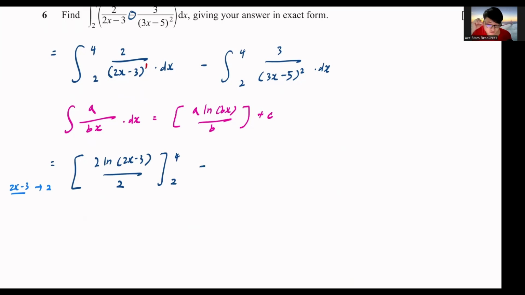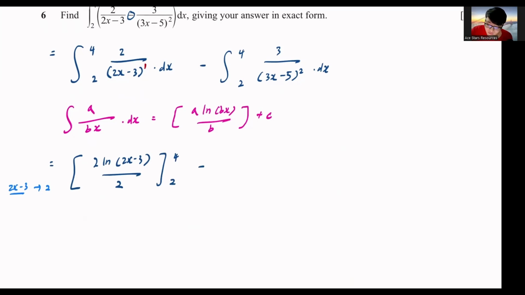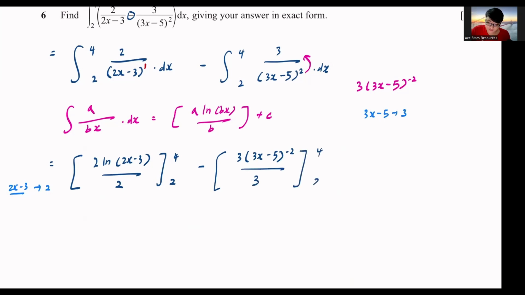Okay, so for this we need the reciprocal. Move this one up. So there's going to be 3x minus 5 to the power of minus 2. Open up the integration. And the chain rule of 3x minus 5 is going to be 3, right? So over 3, close it for 2.